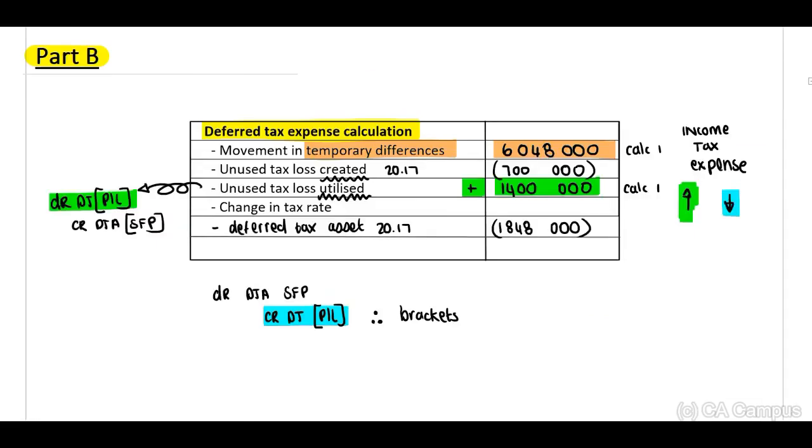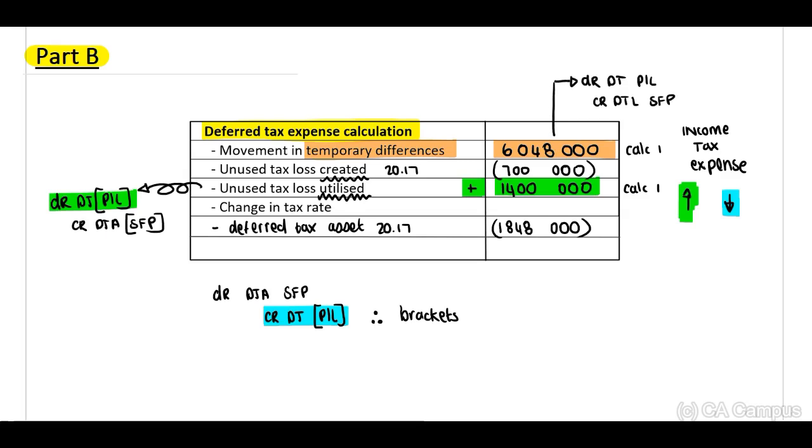Okay, so guys, let's just quickly talk about this one, the movement in our temporary difference. Okay, so we have moved to a deferred tax liability. Therefore, again, think about your journal. You will debit your deferred tax in your profit and loss, and you will credit your deferred tax liability statement of financial position.